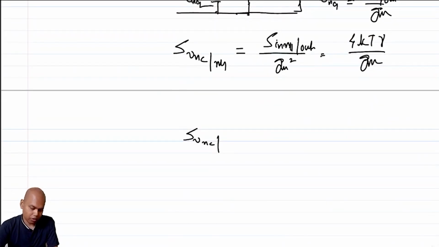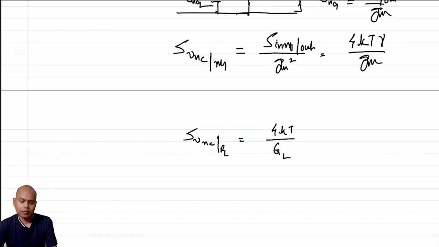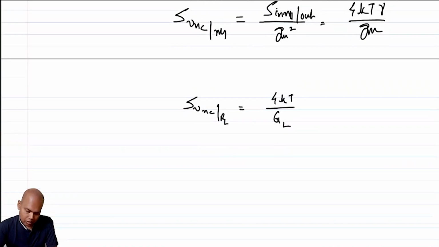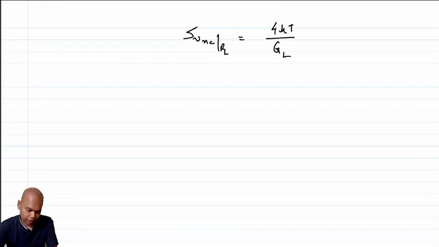So without going through the total calculation, I can simply write the input referred noise voltage spectral density due to RL as 4kT/GL.